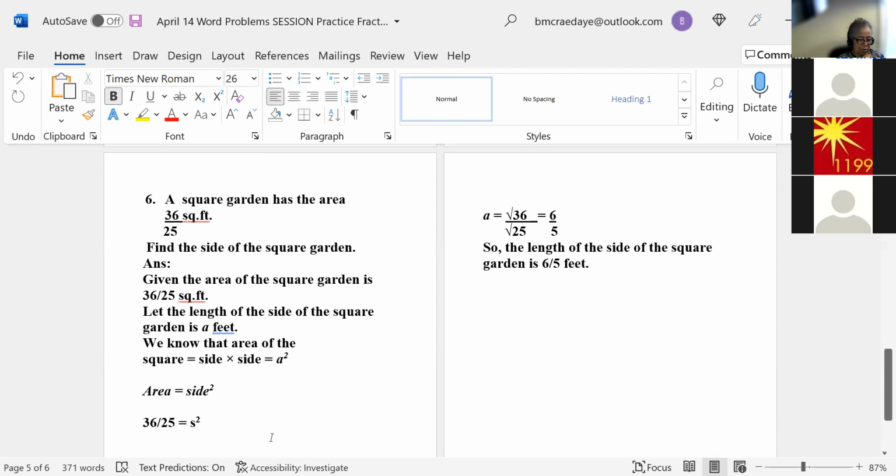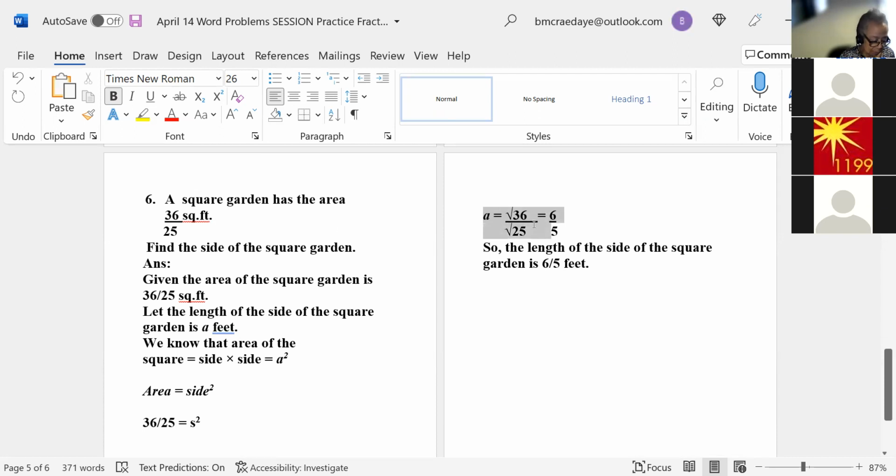The square root of a square would just give me the item. So I'd have to take the square root of both sides, right? Yes. But you've got to take the square root.